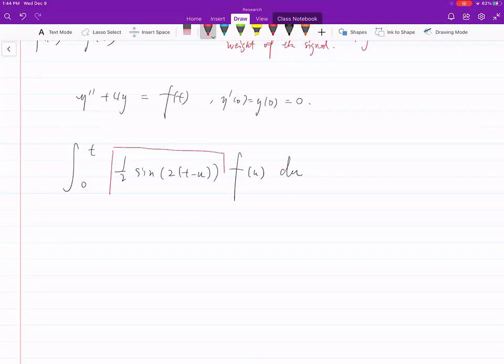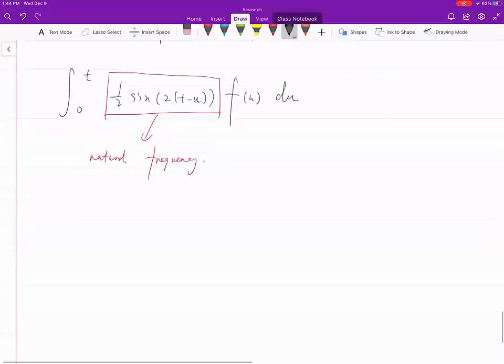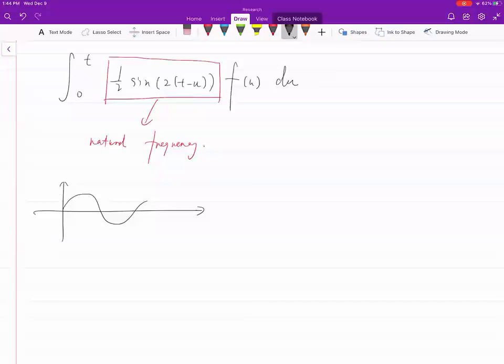What's this? That is the natural frequency. That means if you have something, you have a hammer to hit it, you will receive this. Okay. Then what do you do? At t equals 0, you hit it with F0.